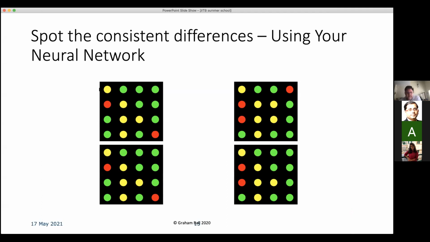In other words, differences between this group on the left and this group on the right. So if it's consistently different between this group and this group, then that's what we want to try and find. It's getting harder now, as you can see. But to make it easy for you, I'll show you where consistent differences are and where the inconsistent differences are.